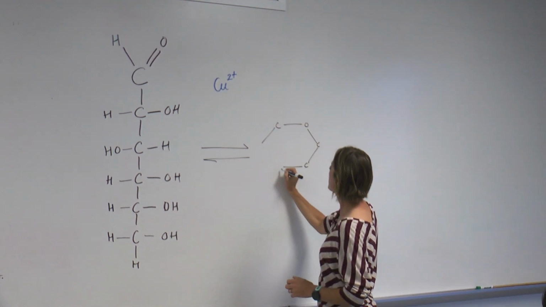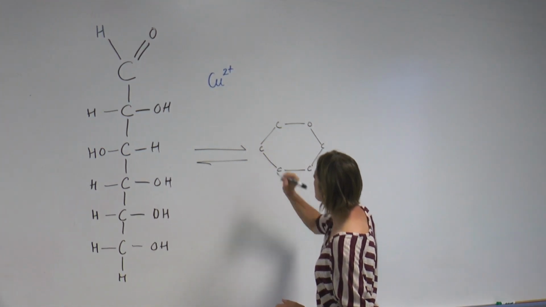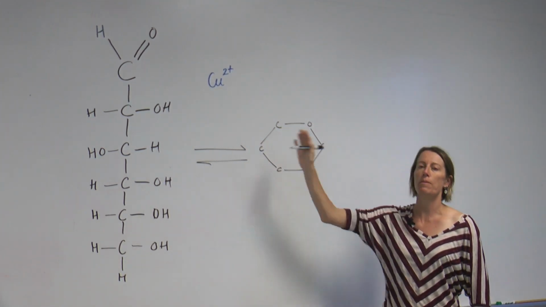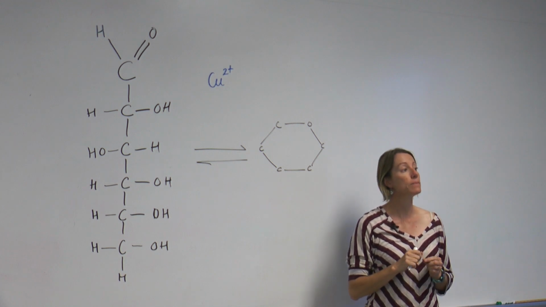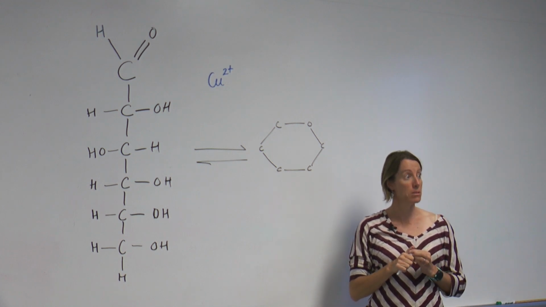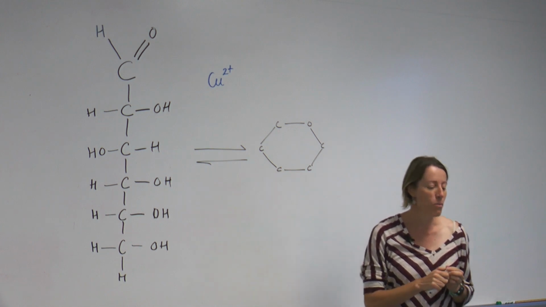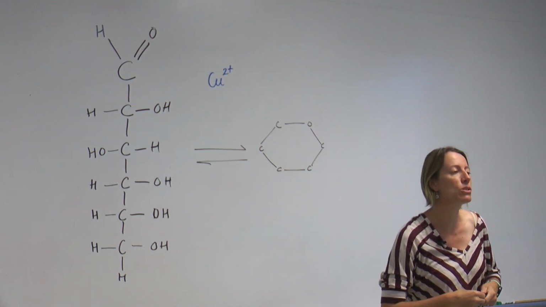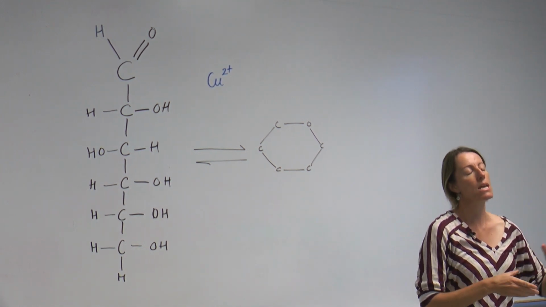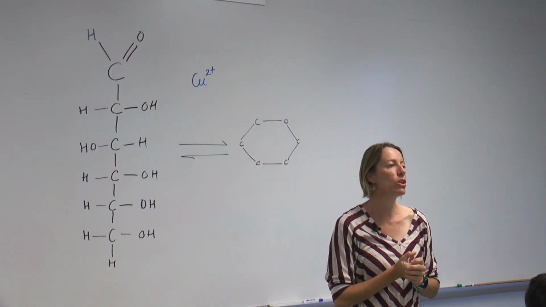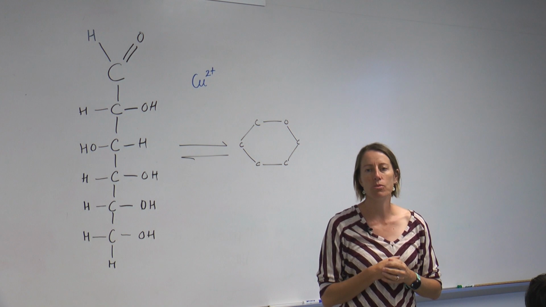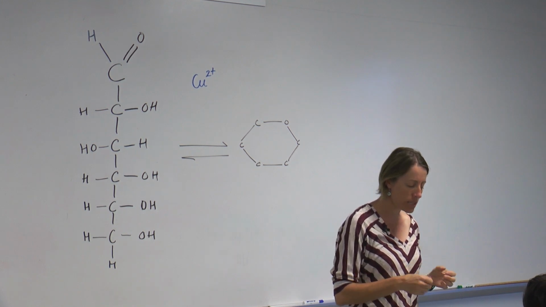This is going to challenge my drawing ability. All right. So glucose can flip back and forth between these two arrangements, correct? Yes? All right. So what our lab today is going to learn is how you can do chemical tests to determine what kinds of molecules are floating around in a solution.